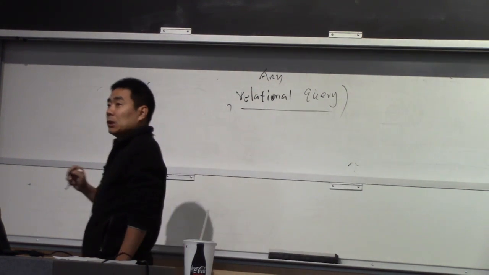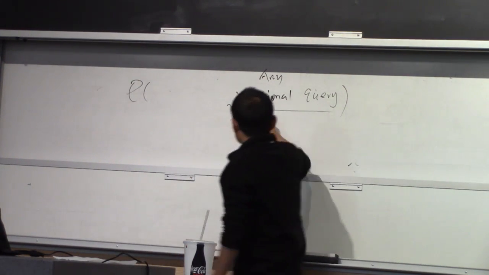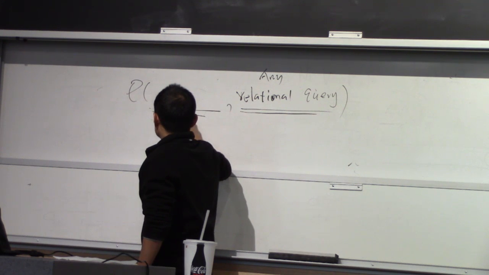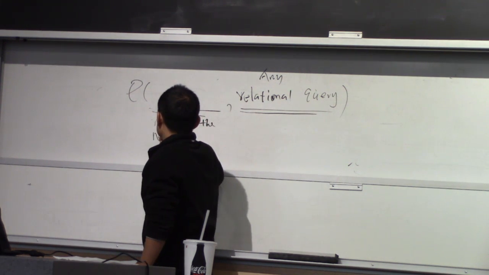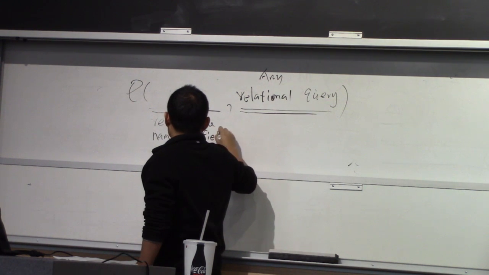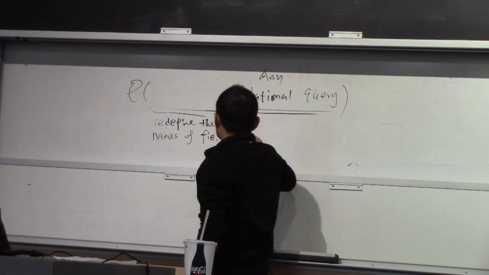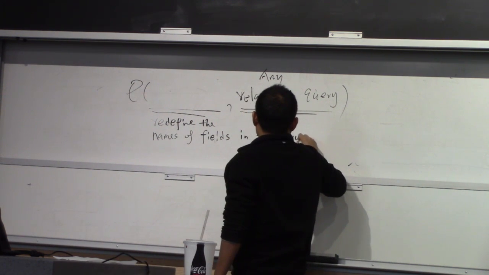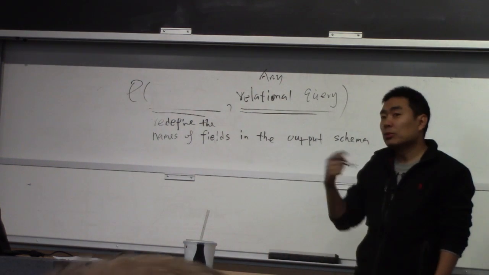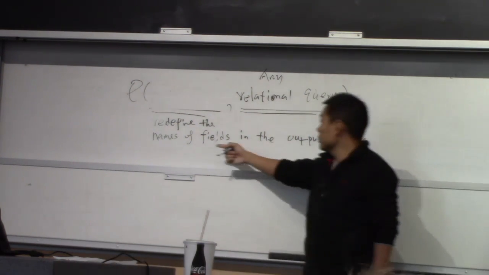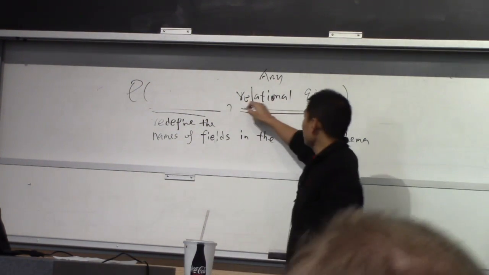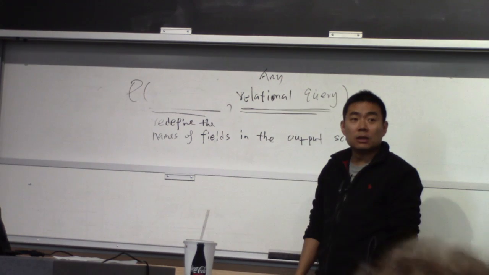The first part tries to redefine the schema. You try to redefine the names for certain fields in the output schema. Okay? What's the output schema? Output schema is defined by this relational query.